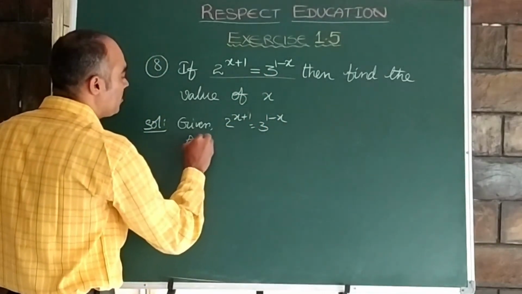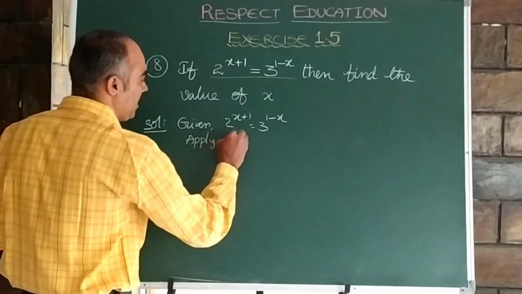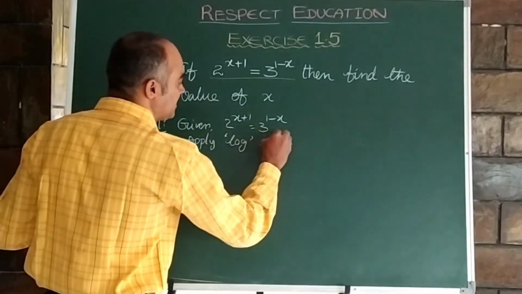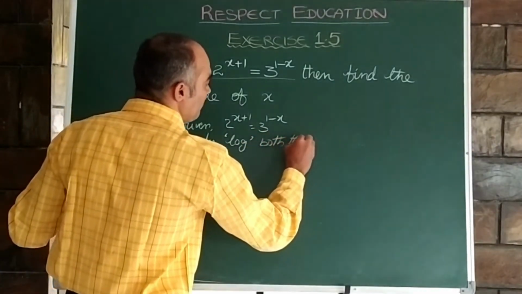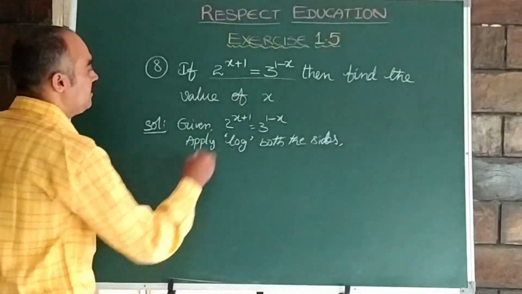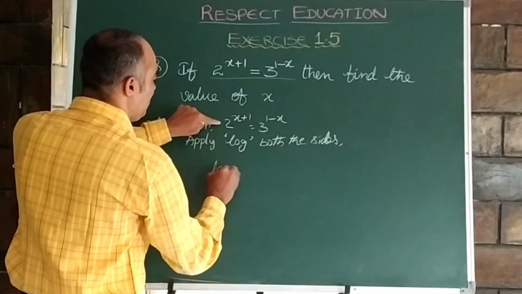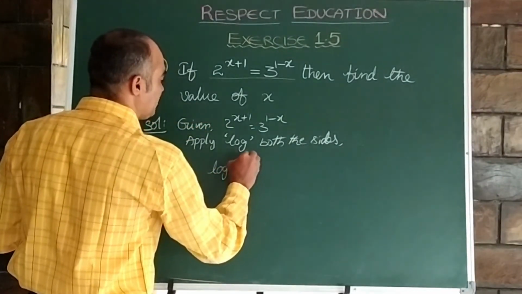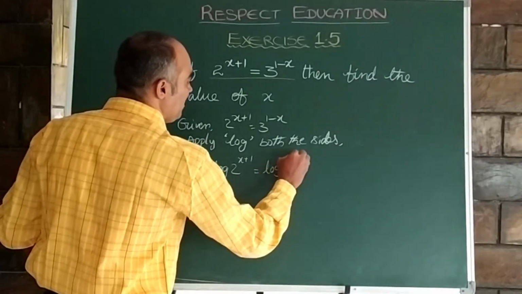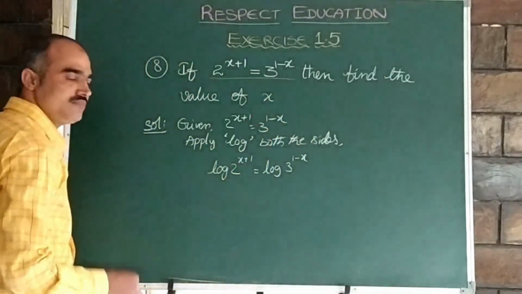Apply log on both the sides. Apply log, meaning logarithm, on both the sides. So here it is log 2 power x plus 1 is equal to log 3 power 1 minus x.